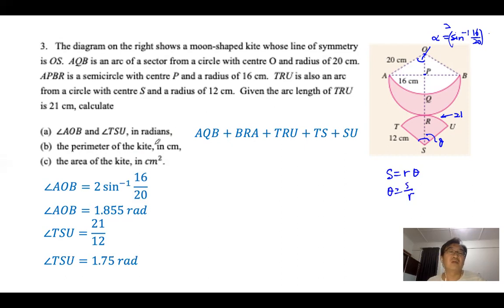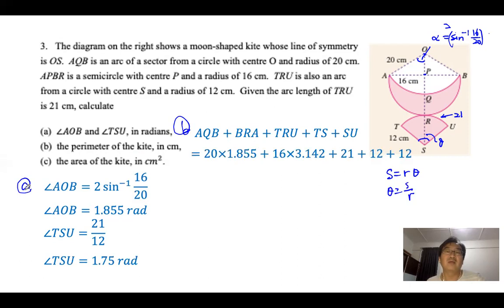For AQB, we use the formula s equals r theta, which is 20 times 1.855. So this angle is 1.855, so 20 times 1.855. And then BRA is a semicircle, so 16 times 3.142.